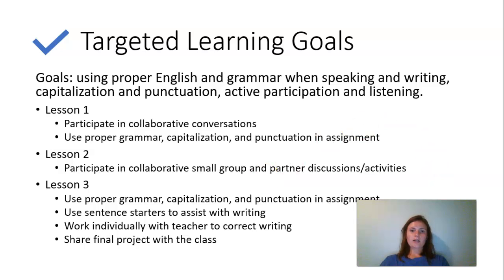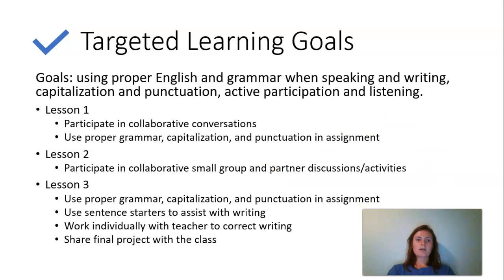So finally, targeted learning goals. The goals for my student are using proper English and grammar when speaking and writing, using capitalization and punctuation correctly, and then active participation and listening. So in lesson 1, my student needed to participate in collaborative conversations in order to learn, and then he needs to use proper grammar, capitalization, and punctuation in the end assignment.